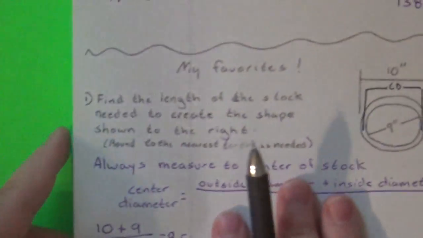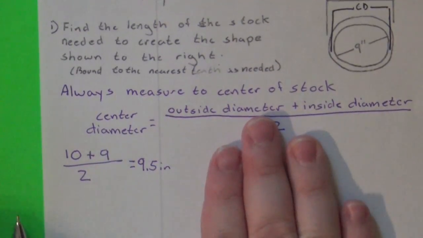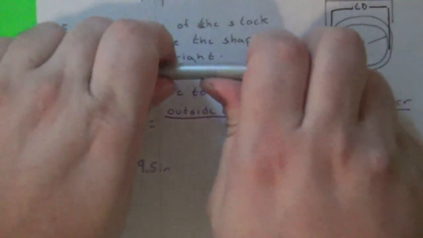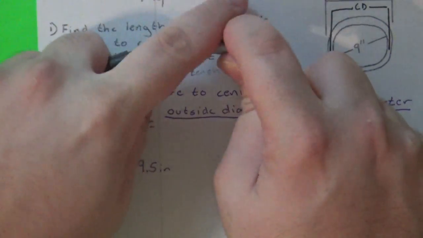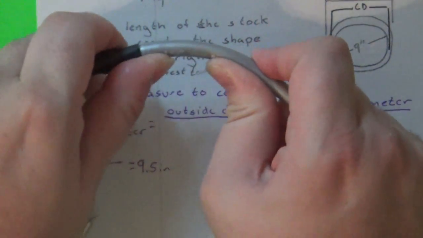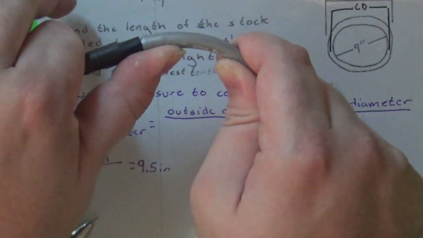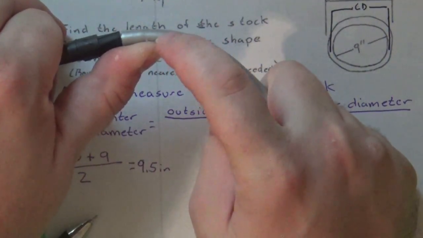Now that I know what the center diameter is, I can find the length of stock that I needed. Think this through. If I was able to bend this pin all the way around, what am I really finding? It's making a circle, but what term have we used before?